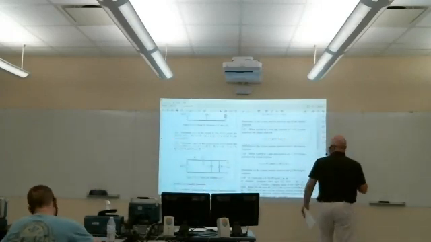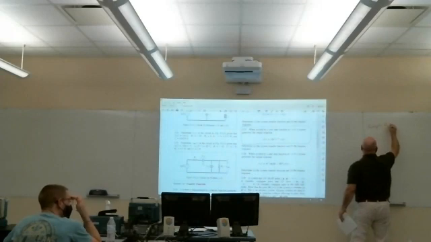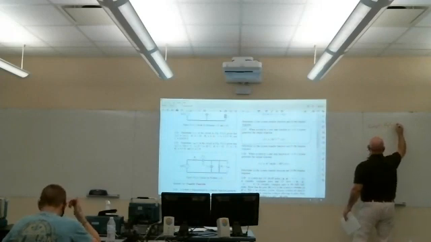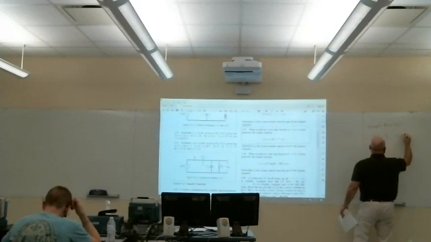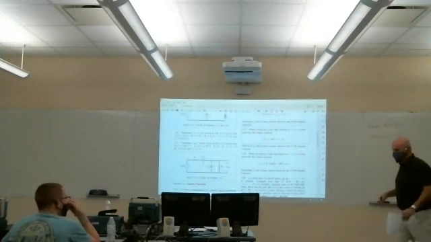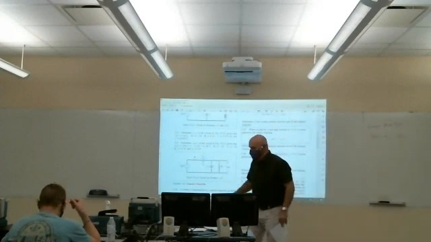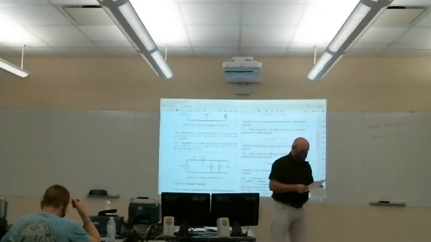So for this problem, x of s is 1 over s, and y of s, this is in the table. What do I do with it? It's pair 7.